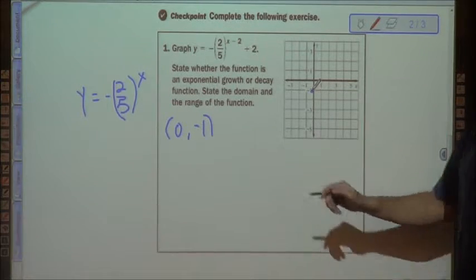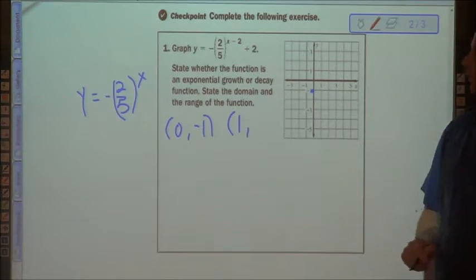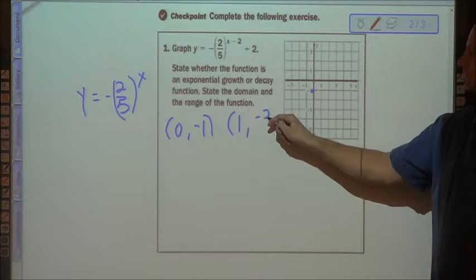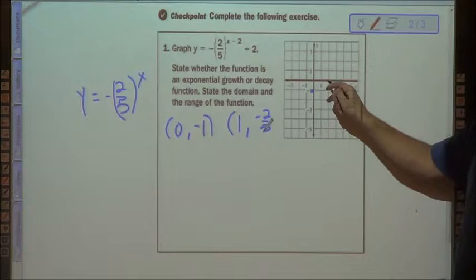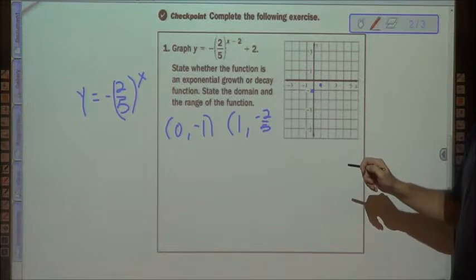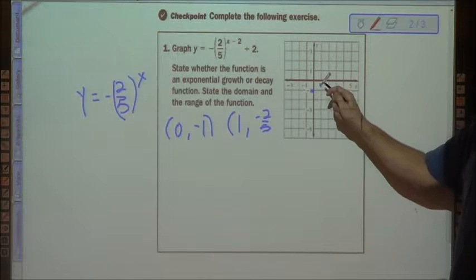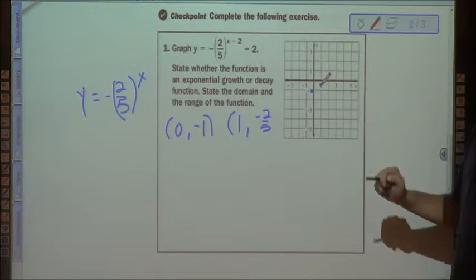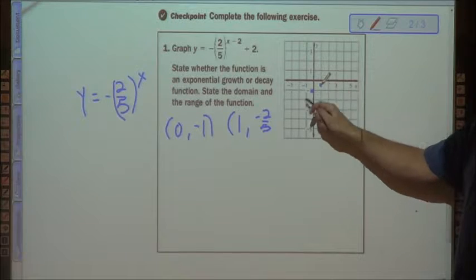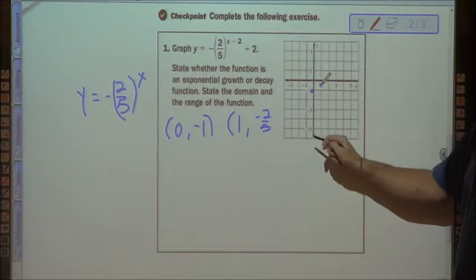And then if x is 1, what would that be? -2/5. So (1, -2/5). Now what's this one curving into? Positive 0. You know, these points are curving into 0, right? So let's put -1 in there. So it gives another point to see if it's going flat or if it's going to go straight down.